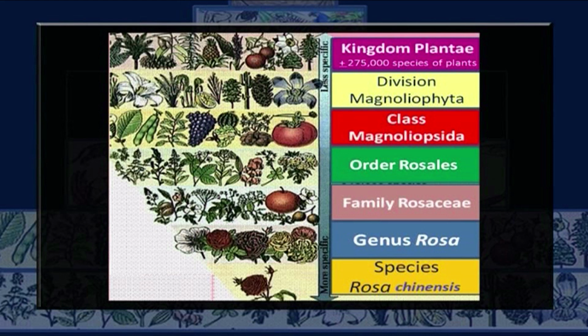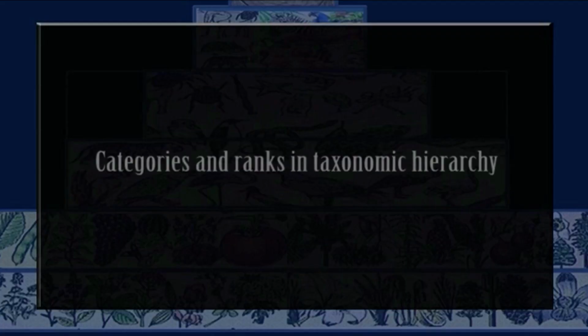The use of such a hierarchy applies to all the plants, and this inclusiveness of larger and larger groups is the basic feature of the taxonomic hierarchy. Now we will analyze some categories and ranks in taxonomic hierarchy. The system of taxonomic hierarchy has been considerably expanded since Linnaeus.